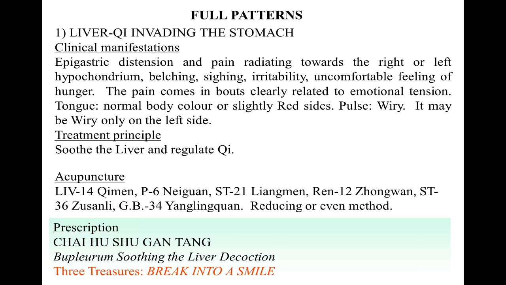So let's talk about this pattern, which is extremely common. When I was in China, it's one of the most common patterns of Chinese patients, but Western patients also have this. Liver qi invading the stomach, causing stomach qi either to rebel upwards or not to descend.